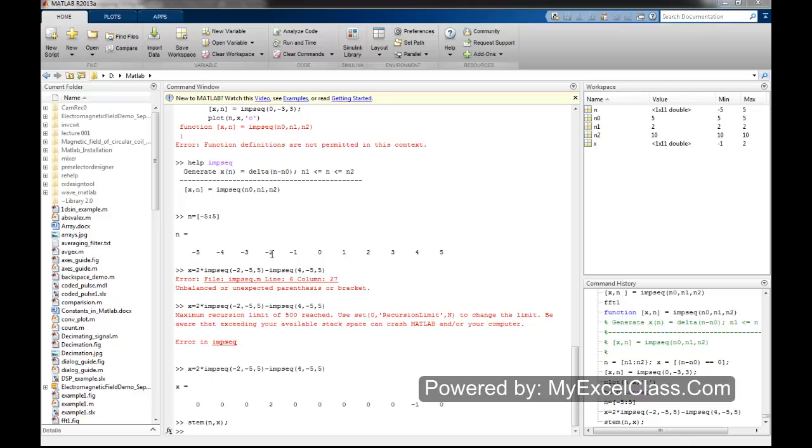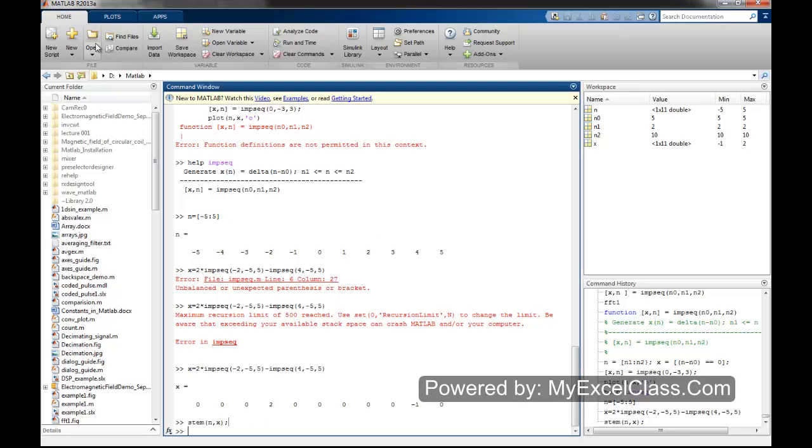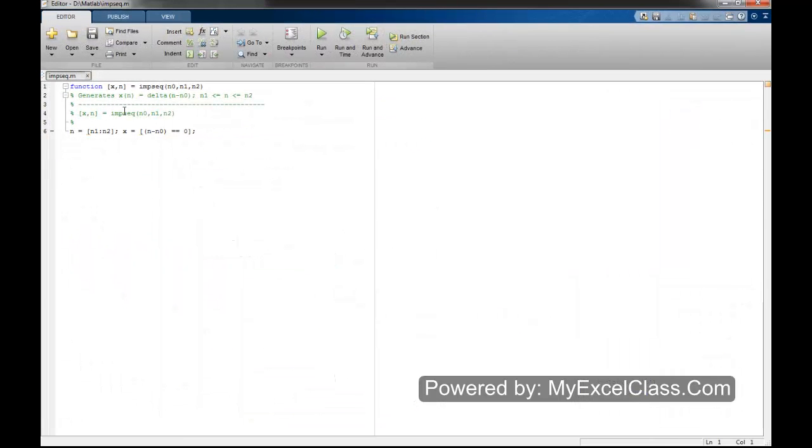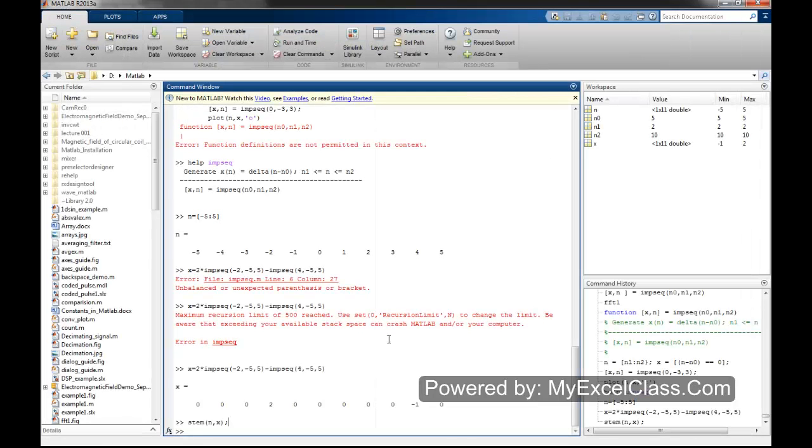To give you an idea what the impulse function is, I'm going to show you the code so that we can understand what we are making over here. So the impulse function basically takes a number of sequences and outputs x and n values. The impulse function gets 3 arguments, n0, n1 and n2, and generates the impulse at the location defined. So let us do the example again.